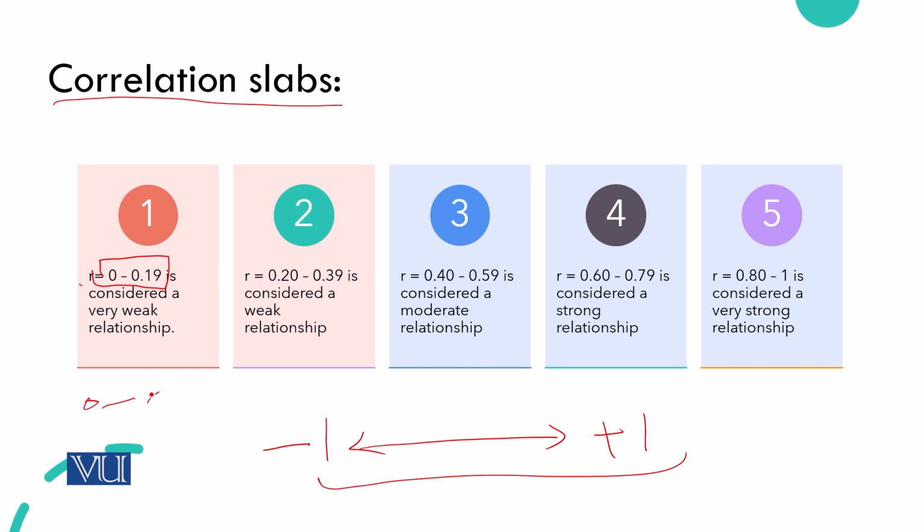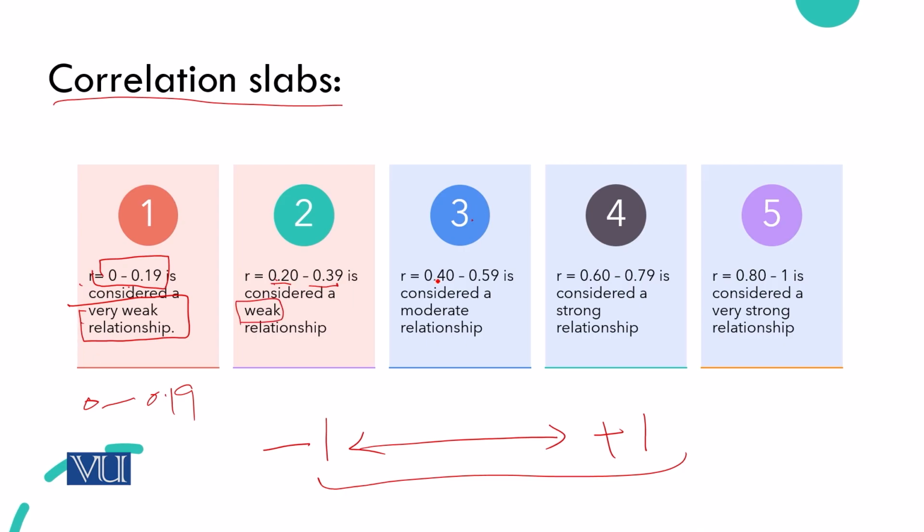This is one slab. 0.2 to 0.39, this is the second slab. In the first slab, we will say the relationship is weak. If the answer is between 0.2 to 0.39, then our correlation is considered only weak. First one is very weak, second one is only weak.